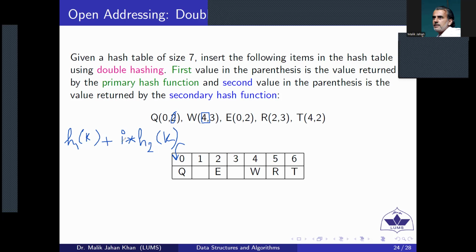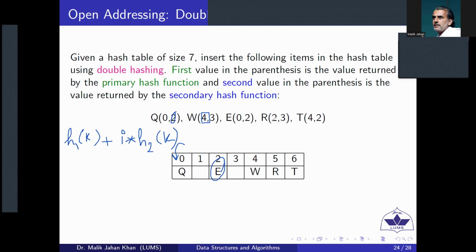If it fails, I is incremented, so I is 1. We simply add those two values, 0 plus 2 is 2, so E goes to 2. If that were a collision again, then I would be incremented, and we would multiply the answer returned by the secondary hash function by 2, add it to h1, wrap it around to limit the possible indexes, and then find the place. And we'll keep on doing this until the collision is resolved.